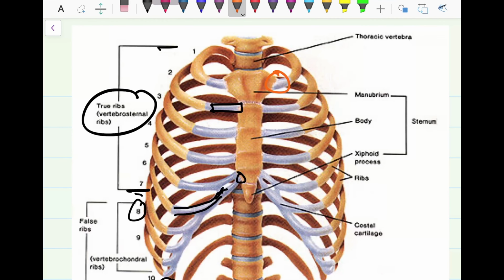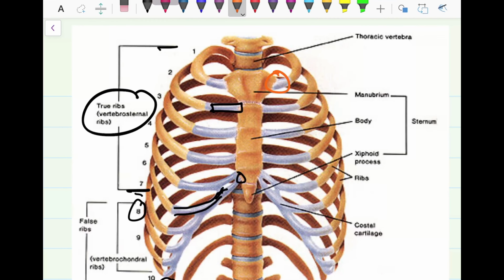Then for ribs 2 to 9, the joints are like this. The head of the rib attaches to the inferior costal facet of the vertebra above. Like if the rib is the 7th, then the head of the rib attaches to the inferior costal facet of T6, and it attaches to the superior costal facet of the same corresponding vertebra, that is T7, and the transverse process of the corresponding vertebra attaches to the rib tubercle here, and this is for ribs 2 to 9.